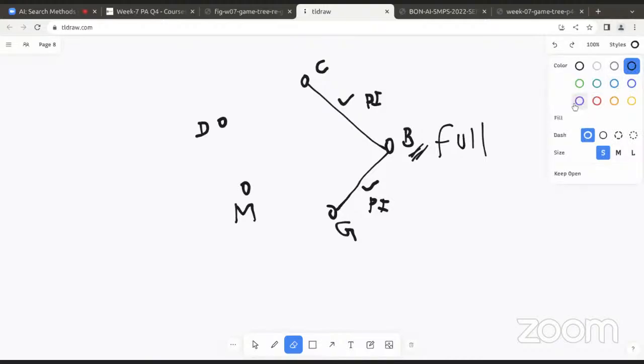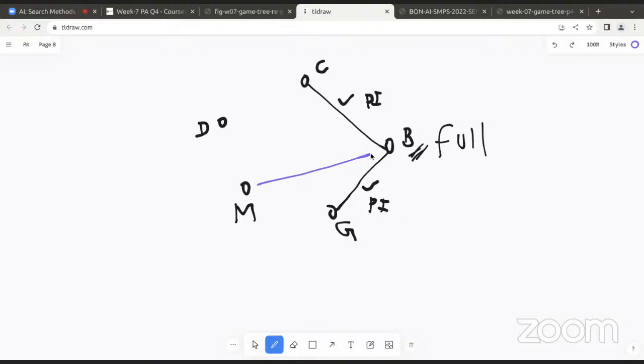Okay. So from Mumbai, there is an edge that goes to G, M to G. Because this guy is full, now he cannot accept this.